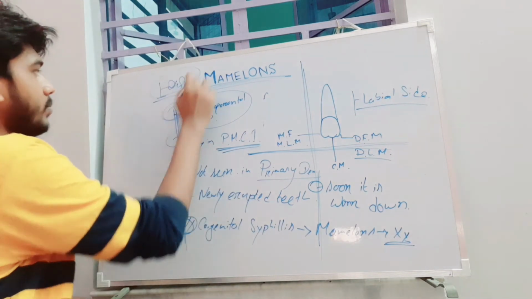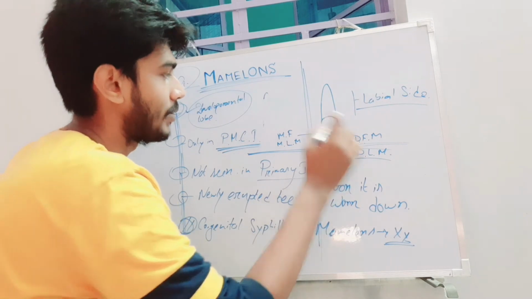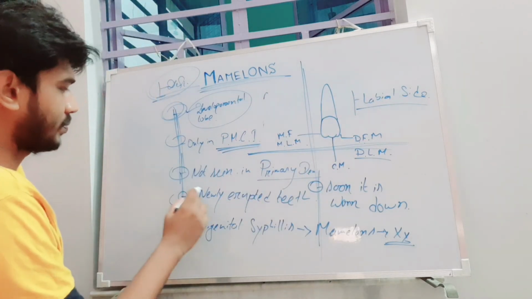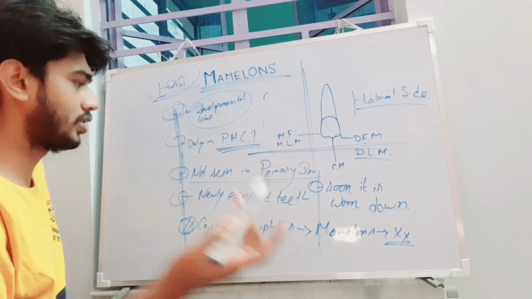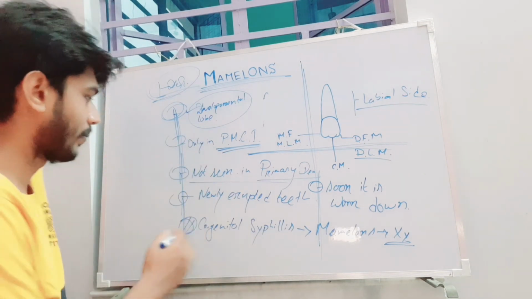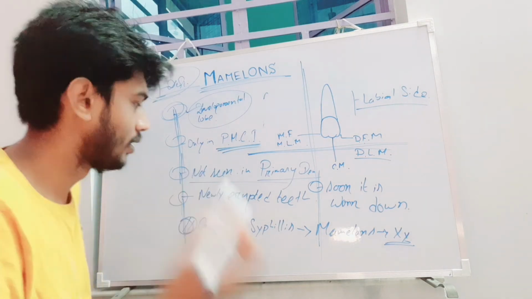So to retell the points of the mamelon: at first you have to give the definition. Mamelons are the three rounded protuberances on the labial side of the permanent maxillary incisors. Then you can say this is not seen in primary dentition, so it is absent in primary dentition and present only in the permanent dentition. We can see this only in the newly erupted permanent central incisor.